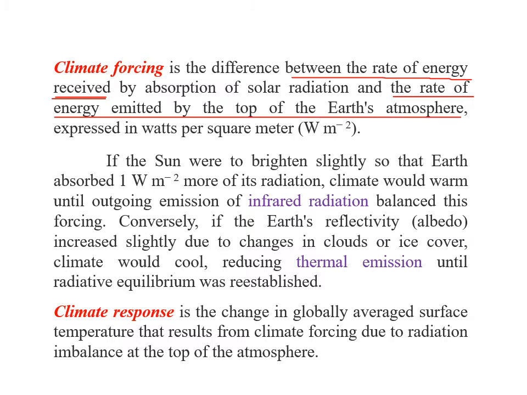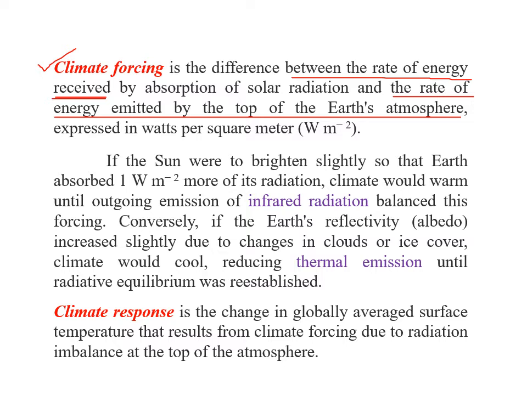This difference is known as climate forcing, and there must be a balance between the rate of energy received by Earth and the rate of energy radiated back to the space.